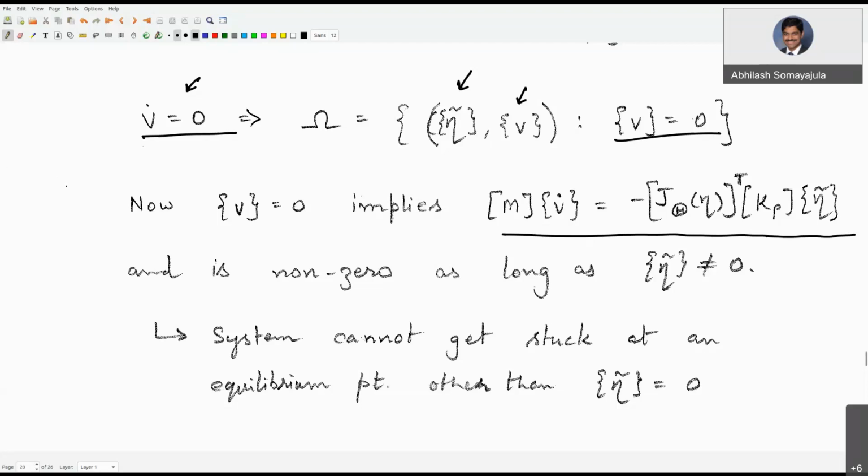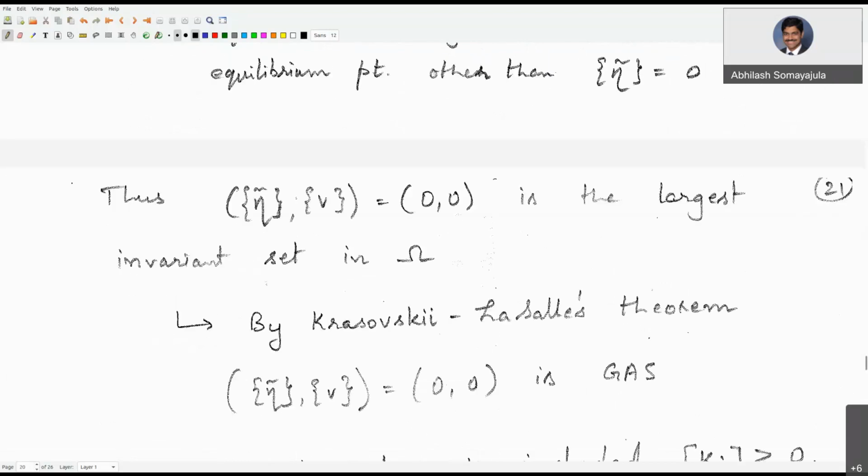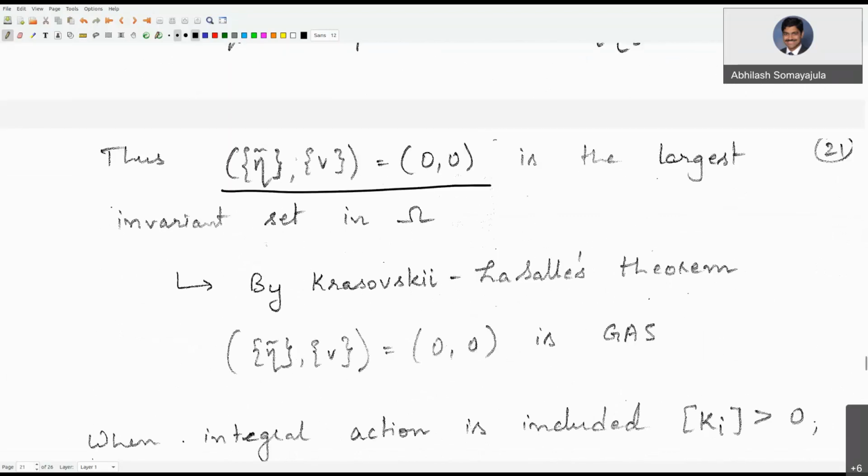Therefore the only equilibrium point in the largest invariant set of this omega is the point where eta tilde and V are both equal to 0. And therefore by Krasovskii-LaSalle's theorem, we know that this point has to be globally asymptotically stable.